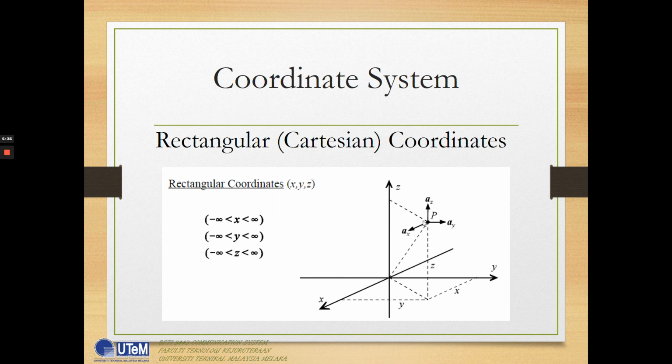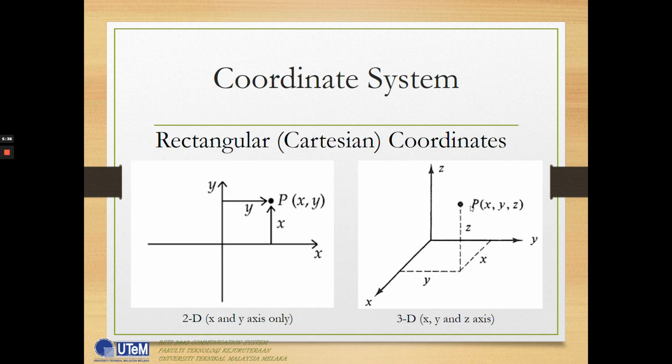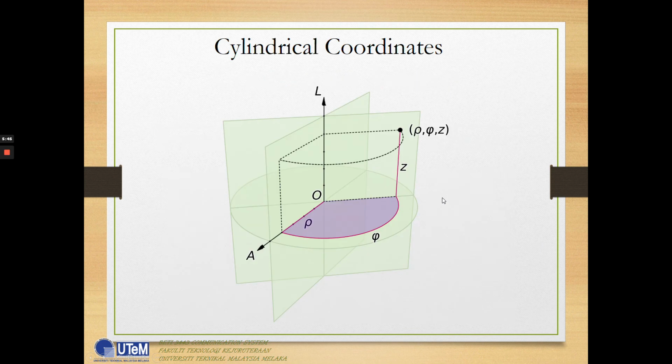Let's say this point here, right, we will find this point by going x, y, and then z, right? But now let's say for this point, we will not go like this. We will try to go in a cylindrical way. How? This much we will go first, and then we will create an angle, and then we will go z.